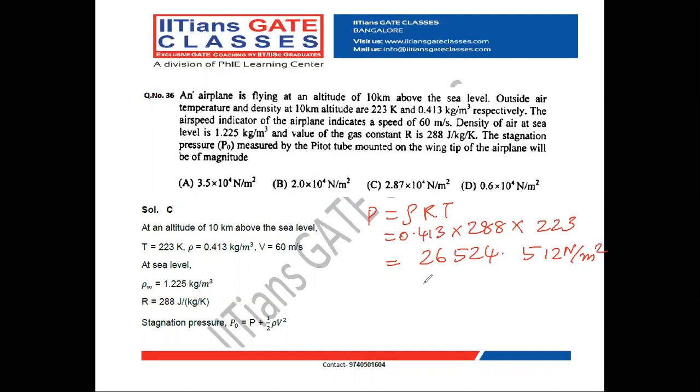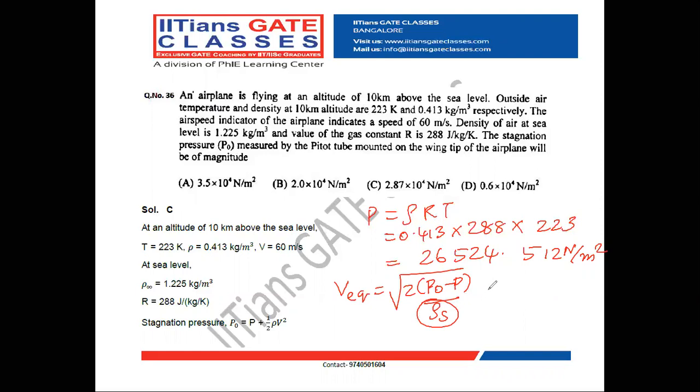Now, what is the speed we measured? It is the equivalent airspeed of the airplane, because it is measured from the airspeed indicator. So V equivalent is the square root of 2 into P naught minus P by rho S. Here the density is at sea level condition, because we are only measuring equivalent airspeed, not true airspeed.